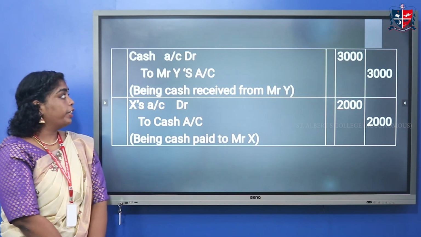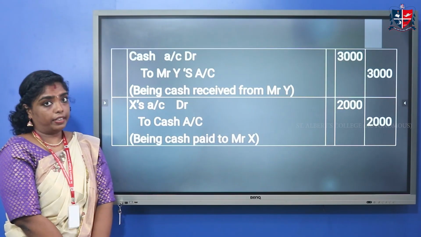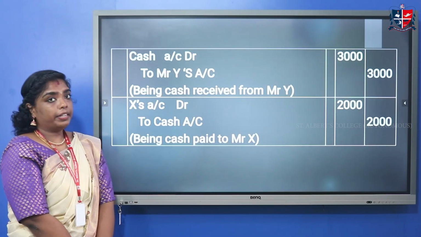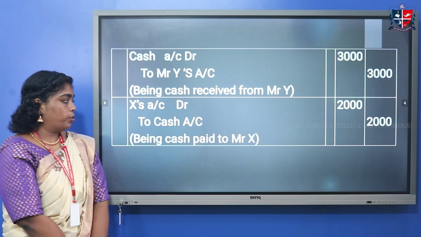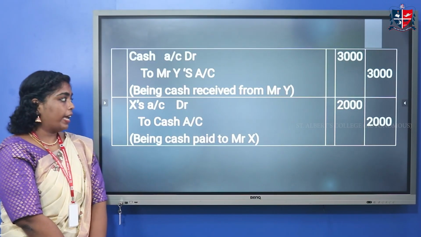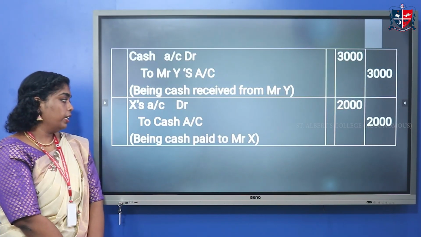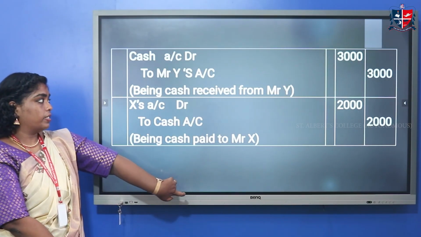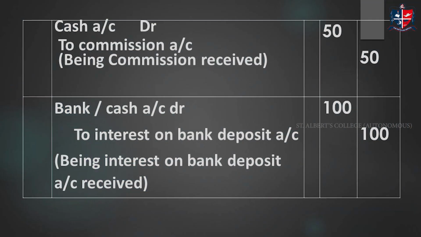Next one, for receiving cash from Mr. Y, cash account debited to Mr. Y's account rupees 3,000. Narration, being cash received from Mr. Y. Next one is for cash payment to Mr. X, X account debited to cash account rupees 2,000. Narration, being cash paid to Mr. X. Next one was received commission. Cash account debited to commission account, write the narration, being commission received, amount 50.